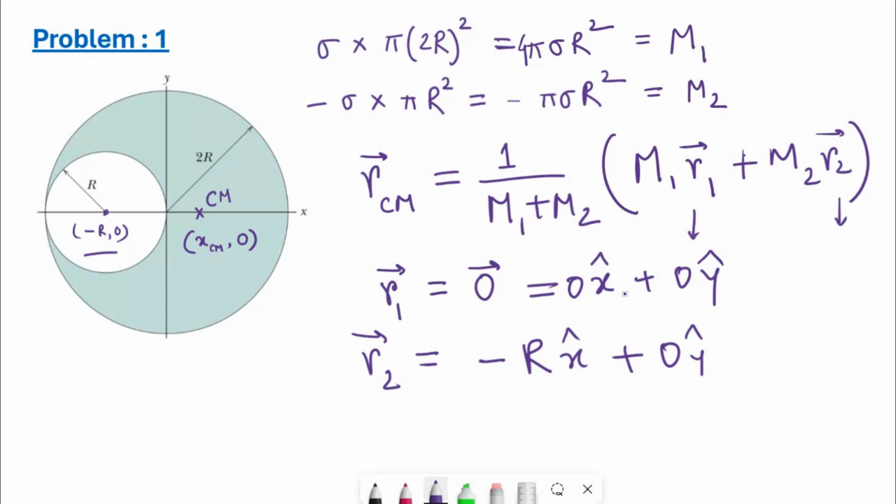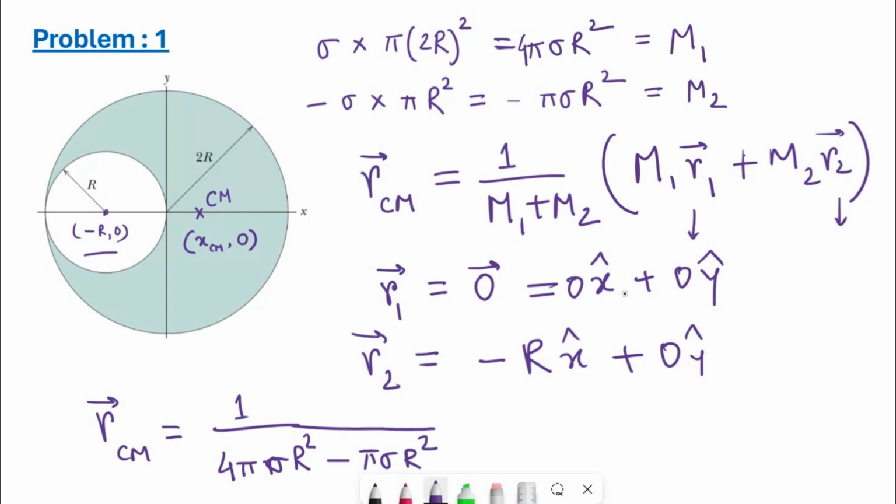So if we plug that in here, what do we see? Our center of mass is given by 1 divided by m1, which is 4 pi sigma r squared, minus pi sigma r squared.